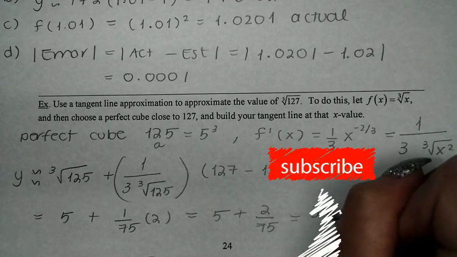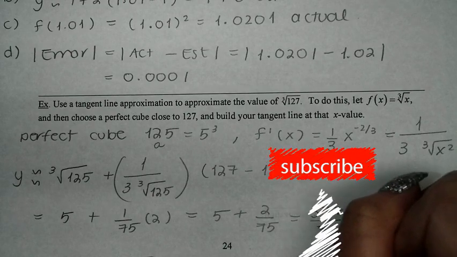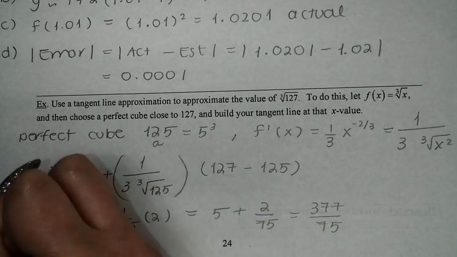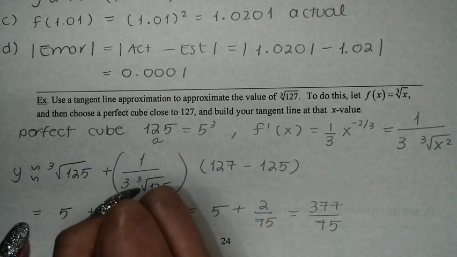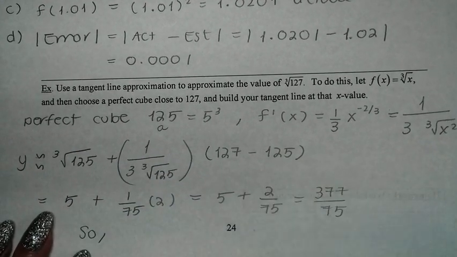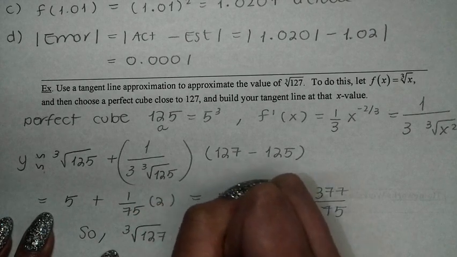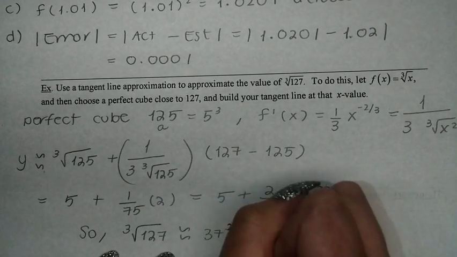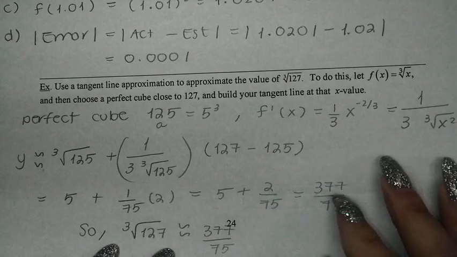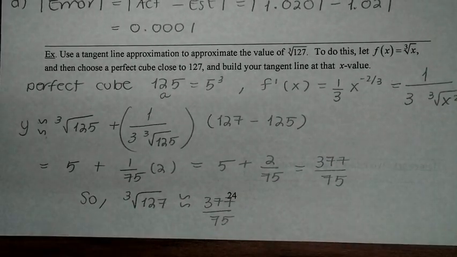I believe that is 377 divided by 75, and that's going to be your approximation. So this approximation is roughly 377 divided by 75.